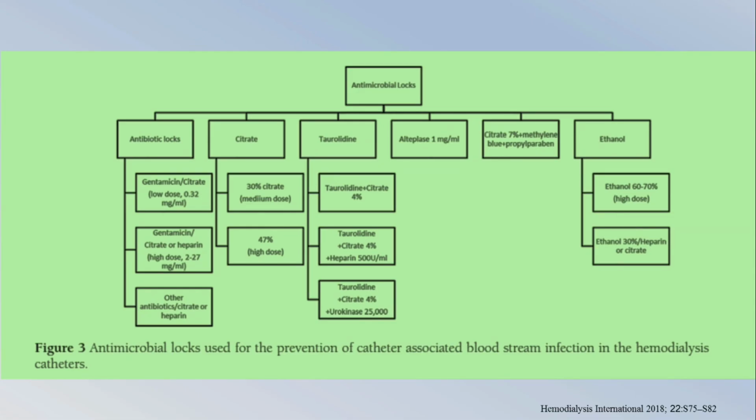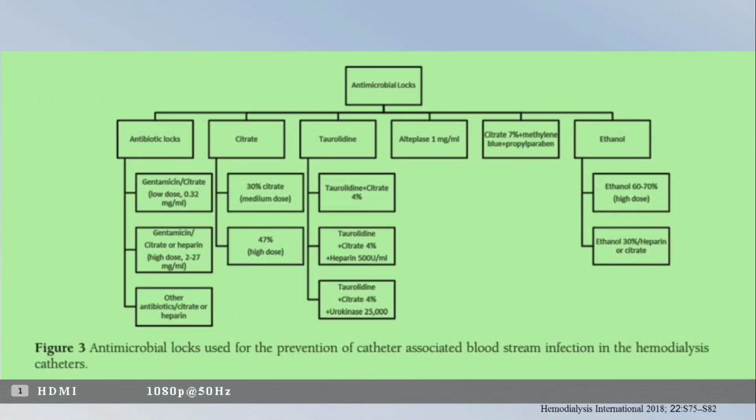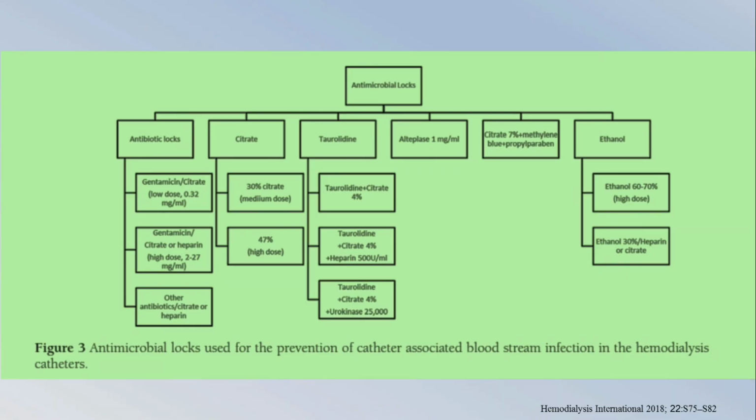And then lastly, ethanol. That's an interesting thing because we have started using it now. So with ethanol also, if you want to prevent infection, you need a high dose, and 30 to 40% or 70% ones you should use. 30% with heparin or 70%. The problem is again the toxicity, compatibility, and the catheter dysfunction. So you can use it with heparin. 70% we are not using as a routine catheter lock.